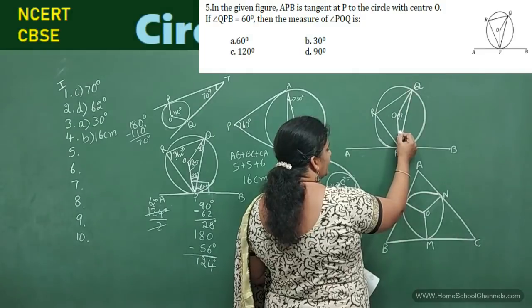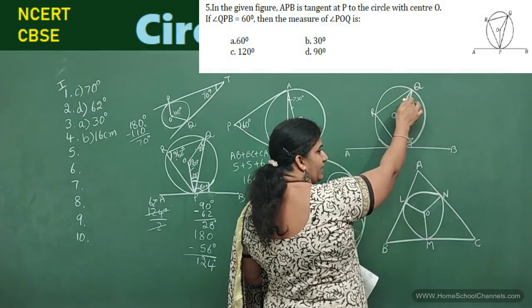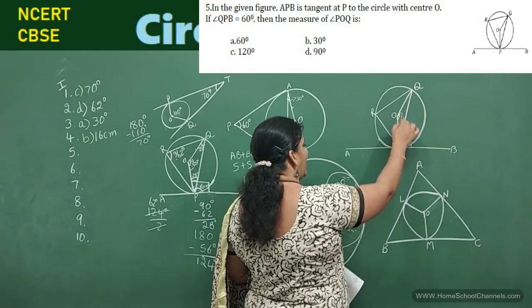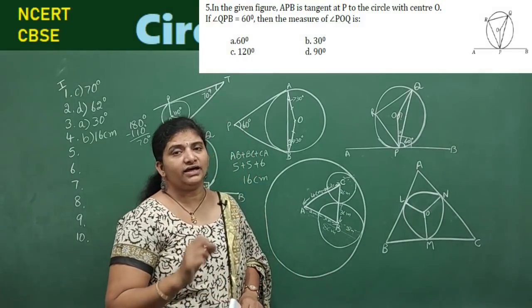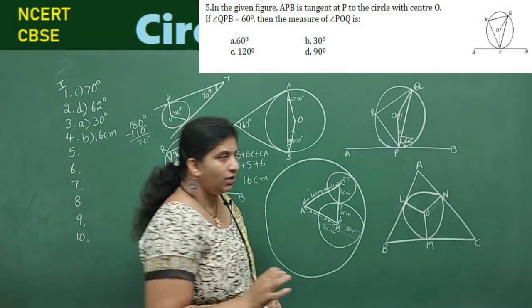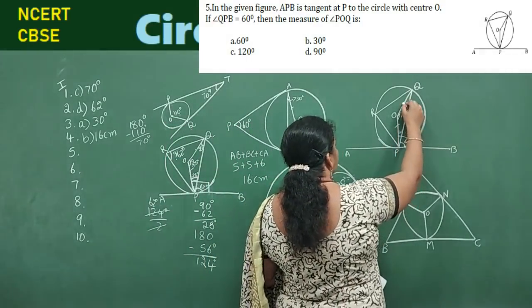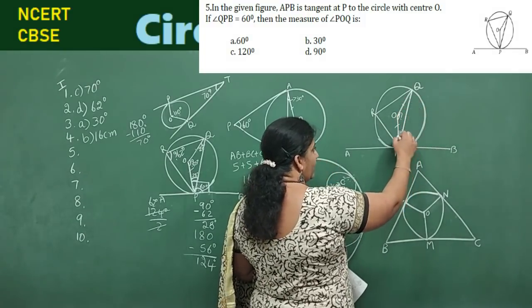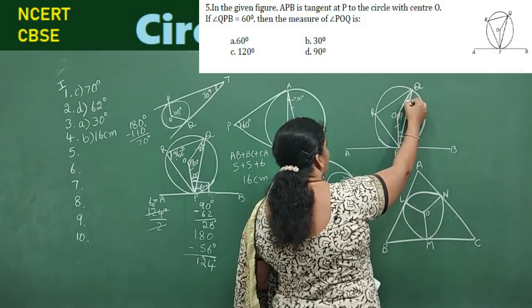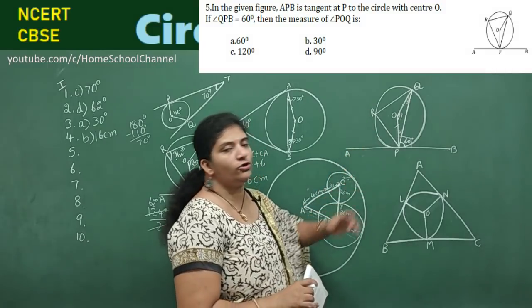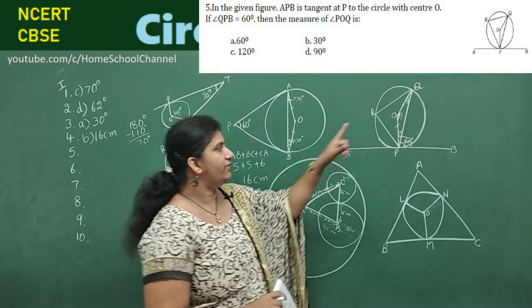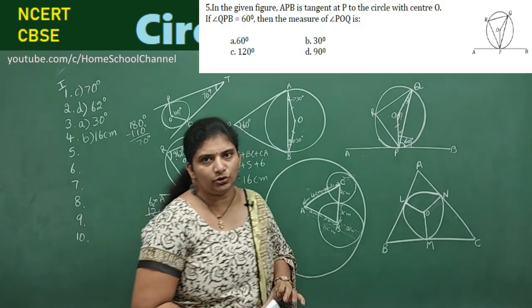If this is 30 degrees, then what will be this? It will be 30. Why? OP and OQ are the radii of the circle. So if these two sides are equal in a triangle, their opposite angles are equal. Then angle OQP is also 30 degrees. We need to find angle POQ.